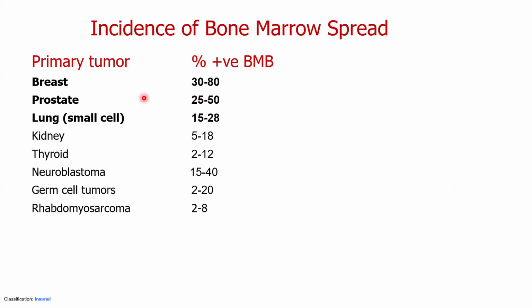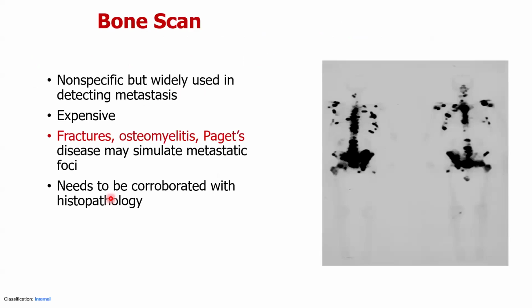The most common malignancies that can spread to the bone marrow include breast, prostate, and lung. And in children, it is the neuroblastoma and germ cell tumors that metastasize to the bone marrow.